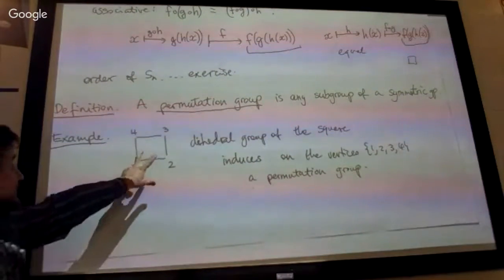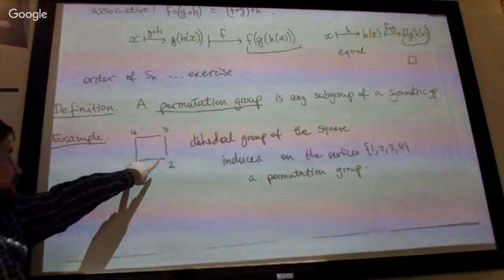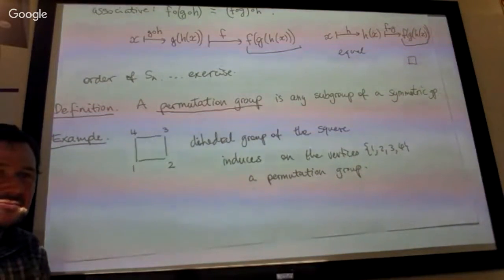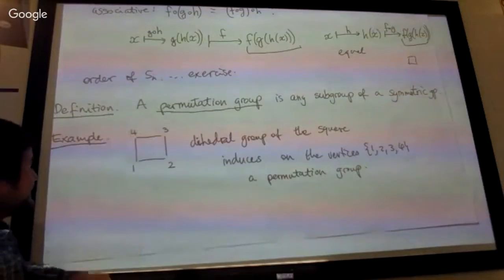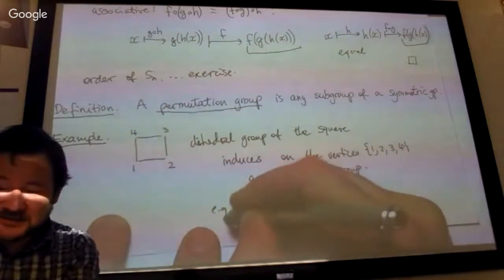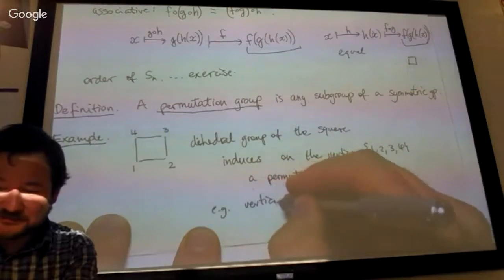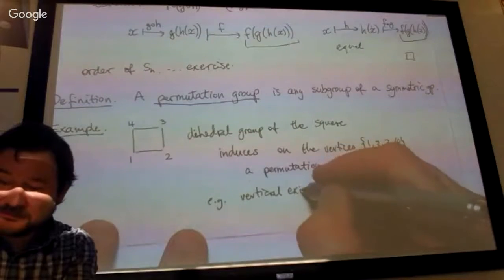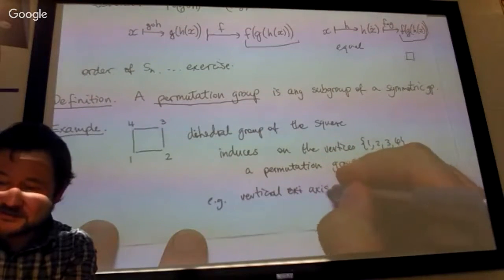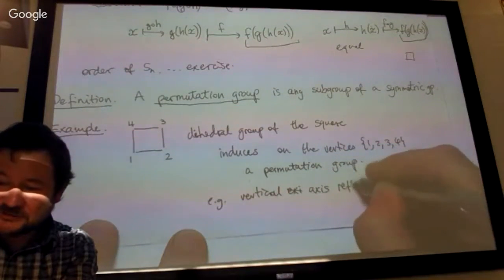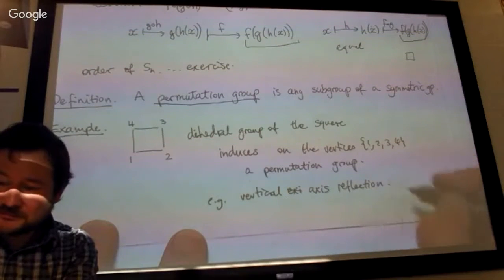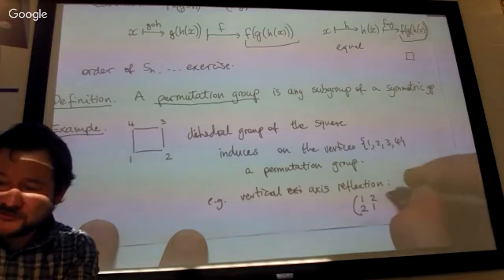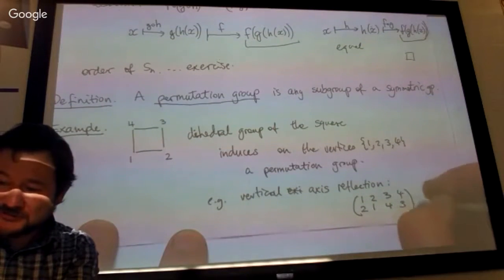So, for example, when you do a reflection about the vertical axis, you get, e.g., 1 goes to 2, 2 goes to 1, 3 goes to 4, and 4 goes to 3.